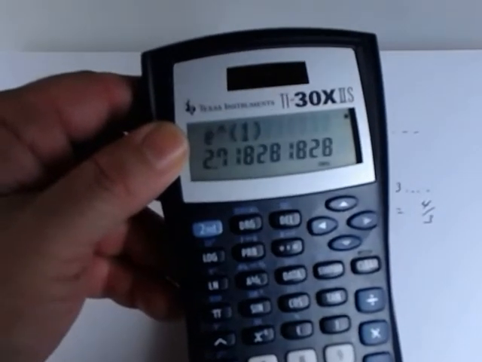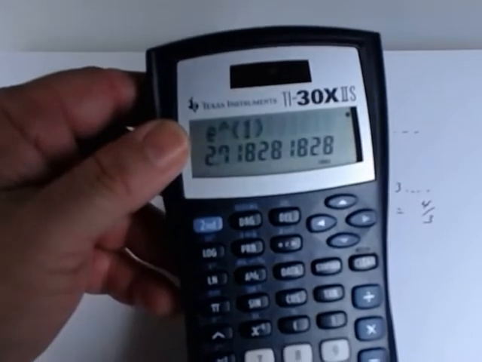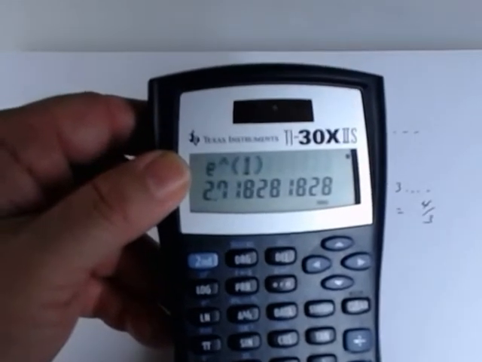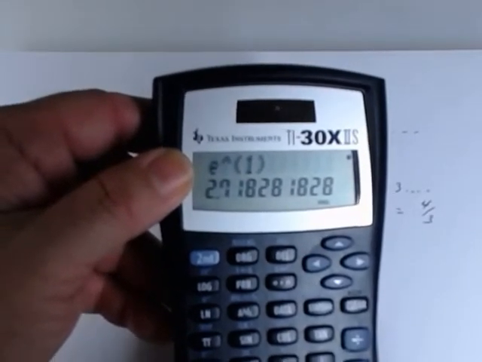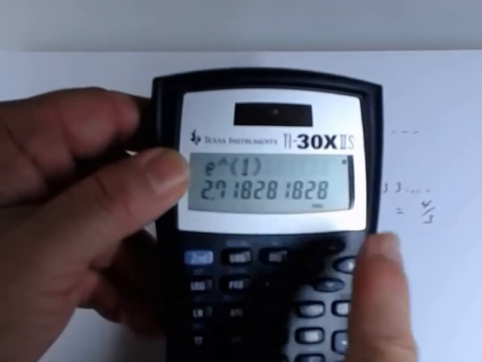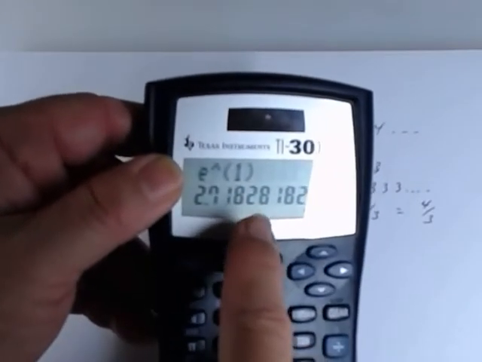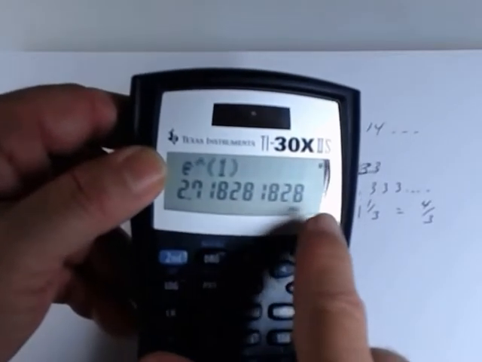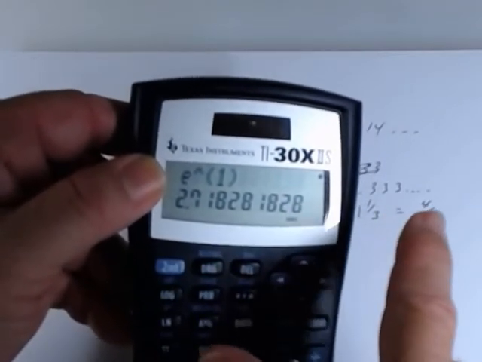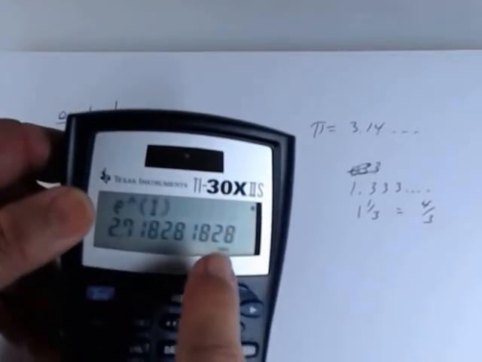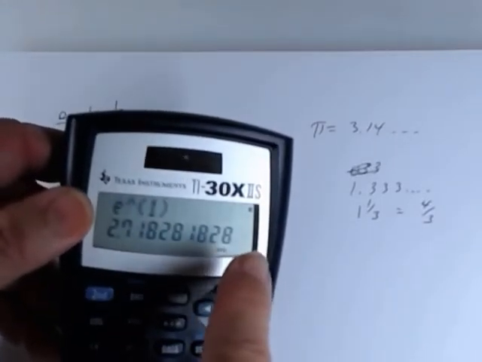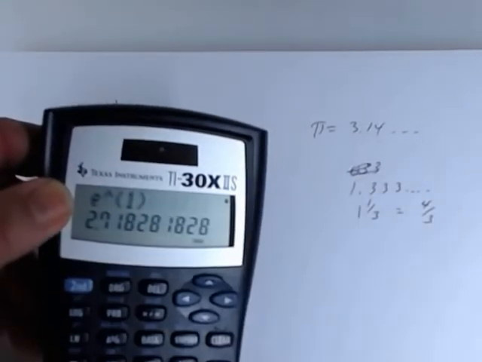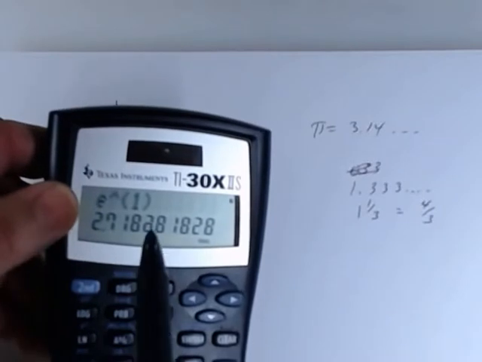Press equal, and e is approximately 2.718 to 3 decimal places. See, there's no repetition. Now don't say, well, this looks like it's repeating 8281, 828, but that digit is not necessarily 1. So it's not a rational number. There is no repetition. If you had a calculator that went on further, you would see that there is no set of digits that keeps repeating. It kind of looks like it, but it's not.